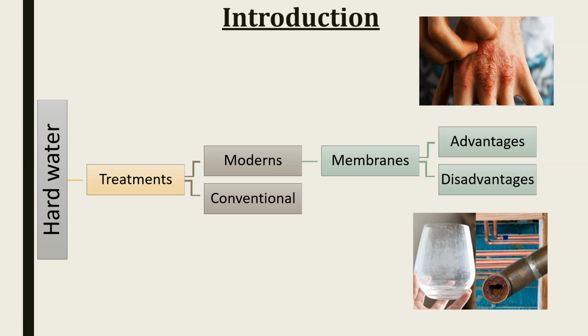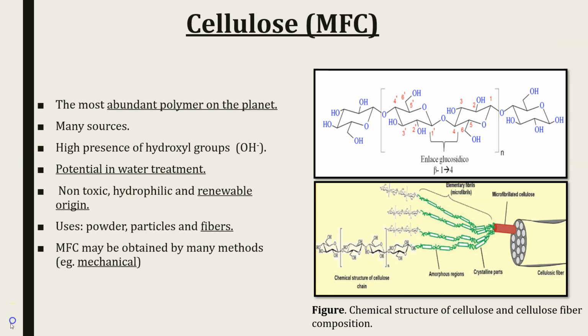For this reason, today it's important to search for another material to create membranes to treat hard water, in particular to remove calcium and magnesium, the principal agents responsible for generating hard water. In the big family of materials that exist today, it's important to mention biomaterials, and from these, cellulose.